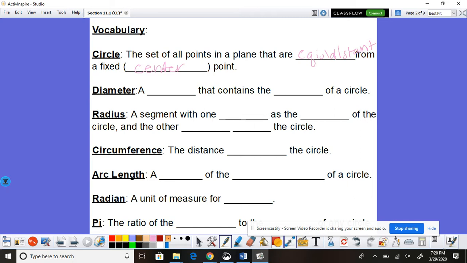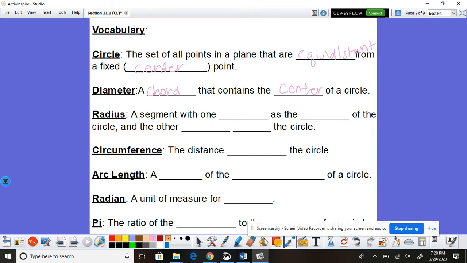Diameter, essentially, is two radii put together. So a diameter is a chord. Remember back to last chapter's vocabulary. A chord is a segment where both endpoints are on the circle, but a diameter is specific because it contains the center of the circle. Most of you know a diameter is 2 times the radius.